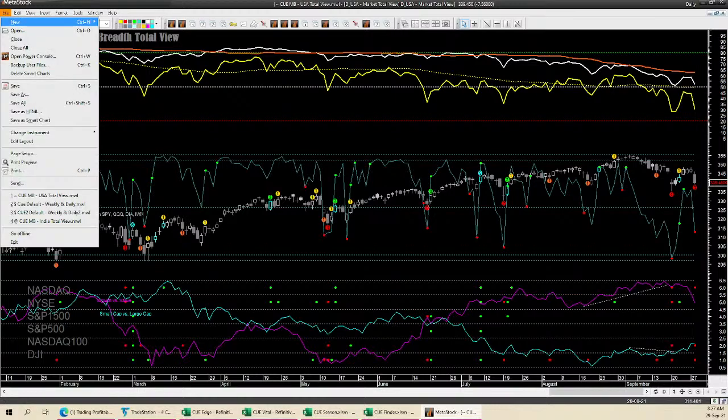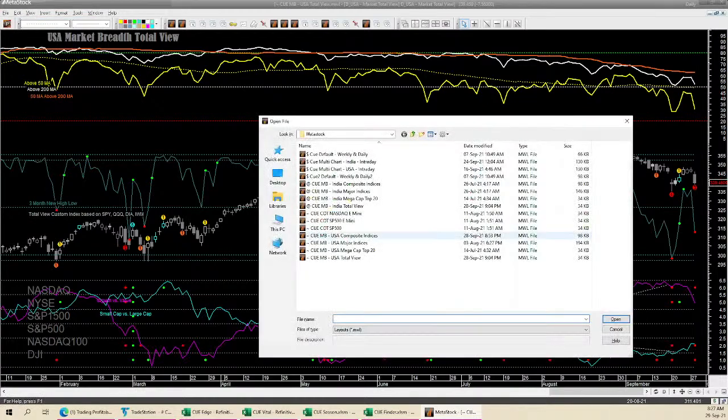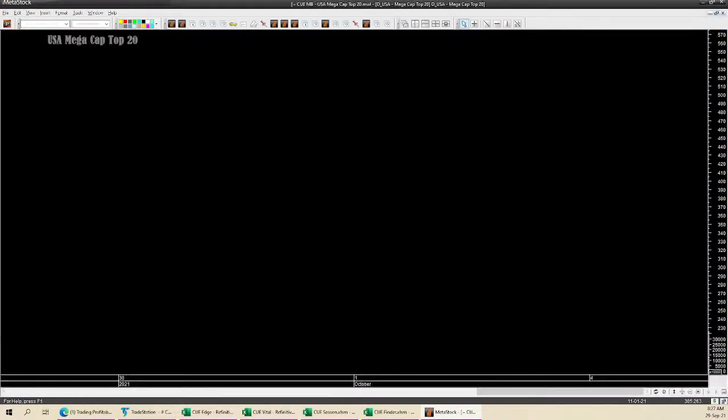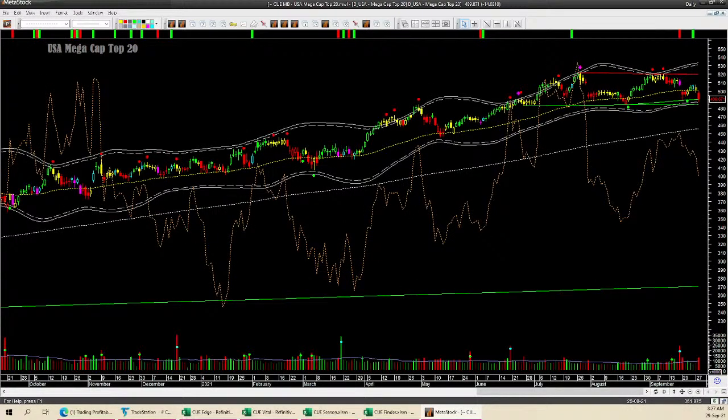Now let's look at how the mega caps are doing using mega cap top 20 custom index. Mega cap top 20 came down from the middle of the range. It was in the middle of the sideways range in the weekend webinar and I mentioned that was a no trading zone. Now it has come down and hit the trend line support.